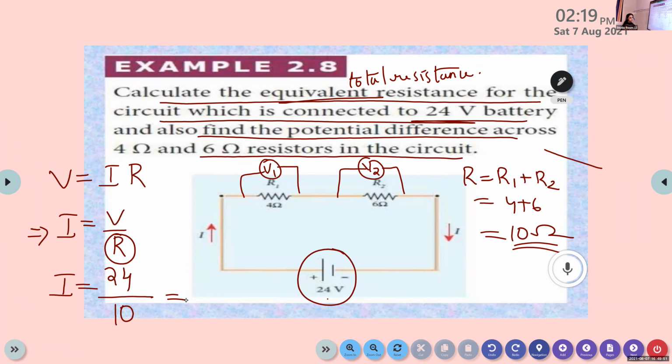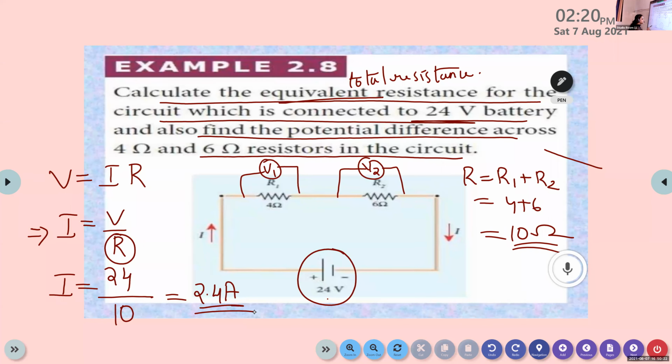I is equal to 24 by 10, that is equal to, Angelo, Susan, what is the value of current? 24 by 10, how can we represent that? Decimal representation. 24 by 10 is equal to 2.4 ampere. I is equal to 24 by 10, that is equal to 2.4 ampere.